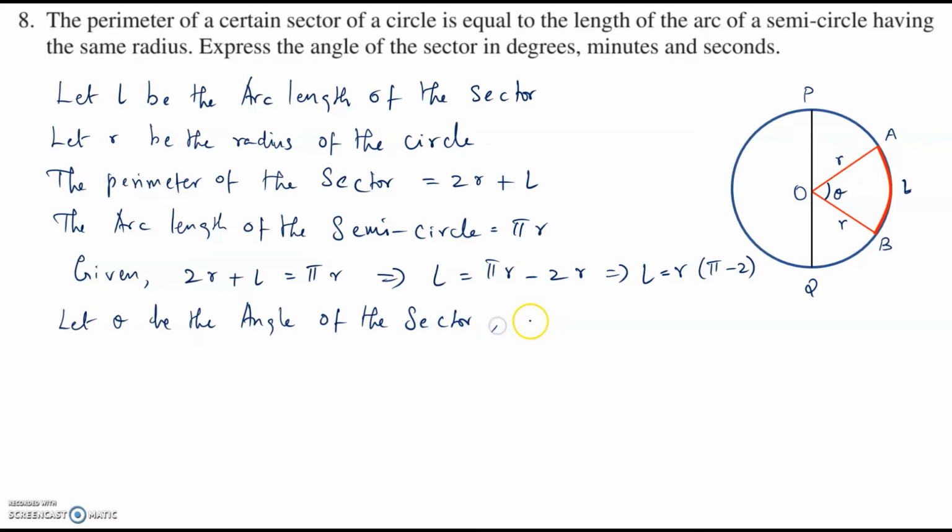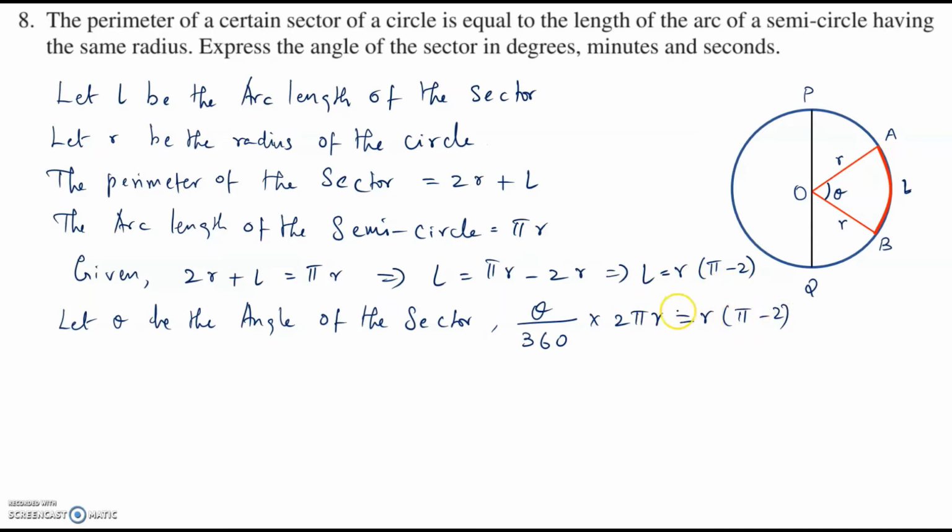Then we can say that theta divided by 360 into 2 pi r would be equal to the arc length. So that's the equation for the arc length. So this is equal to arc length L, which is r into pi minus 2.